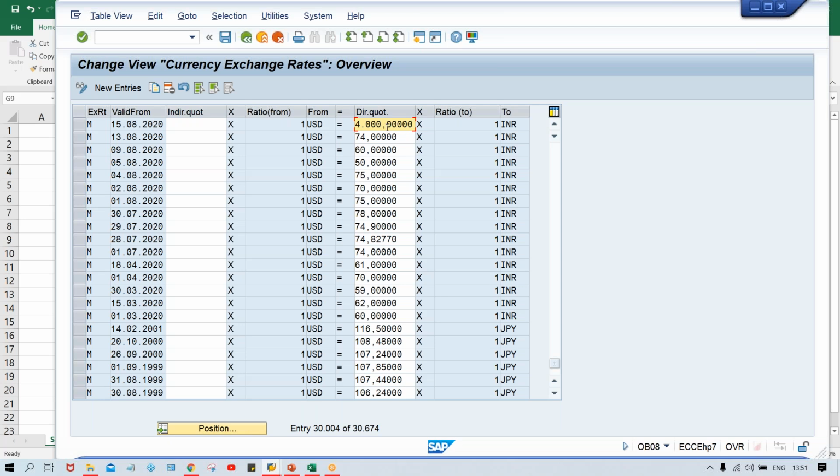So here after the decimal there must be space for, let's suppose, 5 digits, right? And if you talk about the length of this field, guys, there is a particular length of 10 or 12 characters. So here if I specify 40,000, then there is no space for these 5 decimal places.